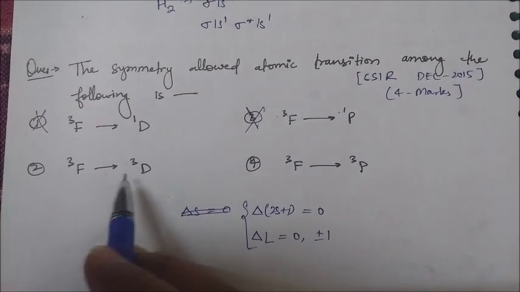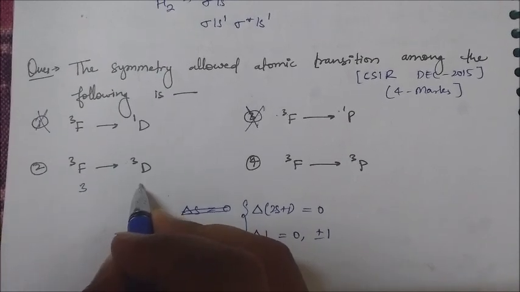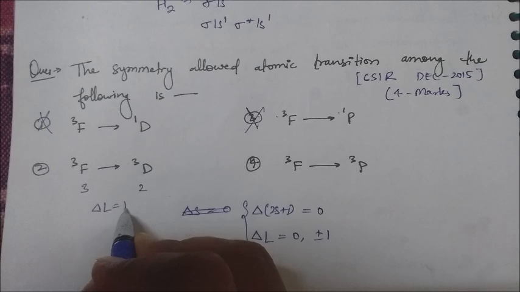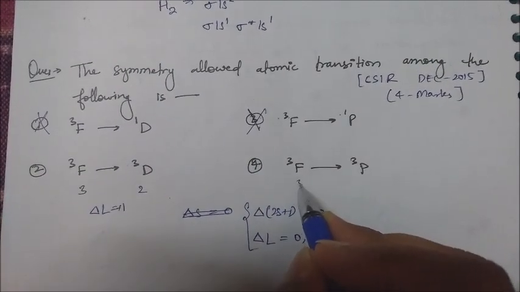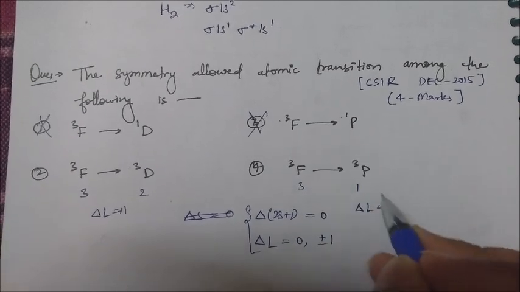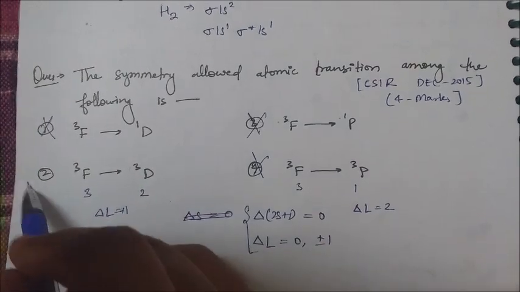Here the L value for the f orbital is 3 and the L value for the d orbital is 2, so the change, delta L, is 1 here. And here for the f orbital it is 3 and for the p orbital it is 1, so the change in L value is 2 here. So this cannot be the correct answer, and this one is the correct option.